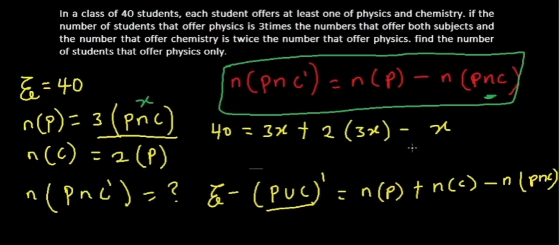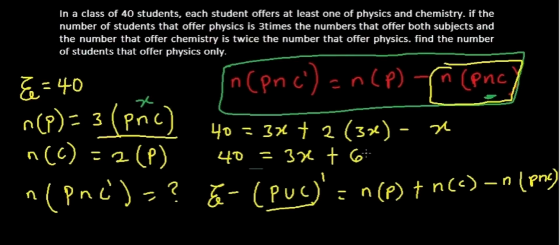My P intersection C is also X. My aim is just to get this particular one which is standing for X, so I can just substitute it into this whole formula. So I have 40 is equal to 3x plus 6x minus x. Let me clear up this one so I can have some space.